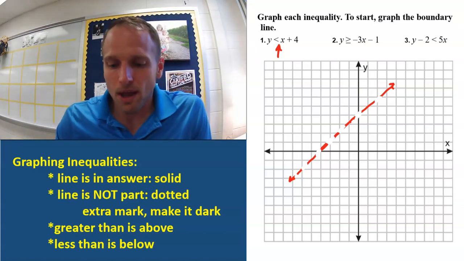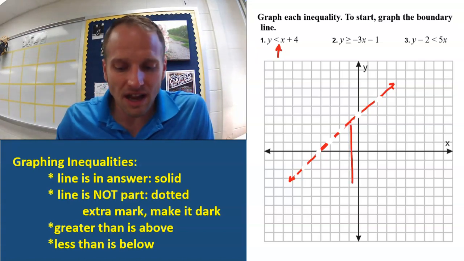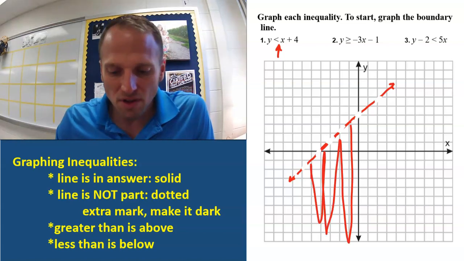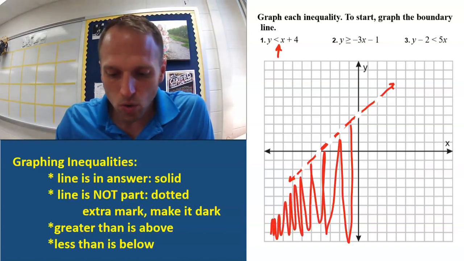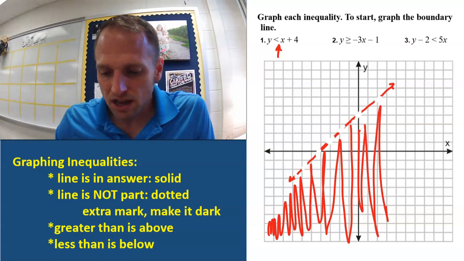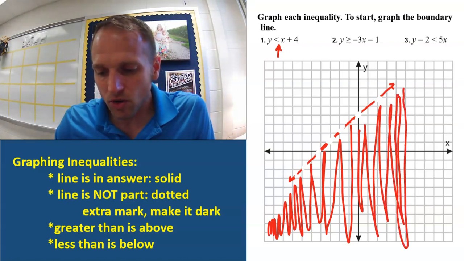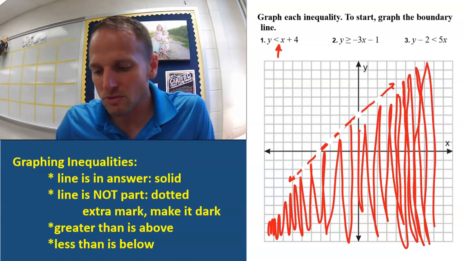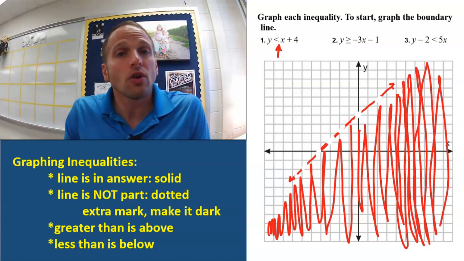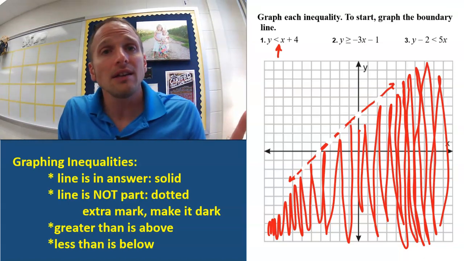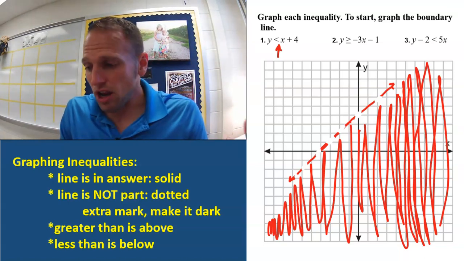Less than would be below. So we're going to shade everything below this line. I didn't draw my line going all the way out, but you know that it continues to go out. So I'm just going to shade it in like that. That's all we've got. Draw the line, decide whether it's solid or dotted, and shade above or below.